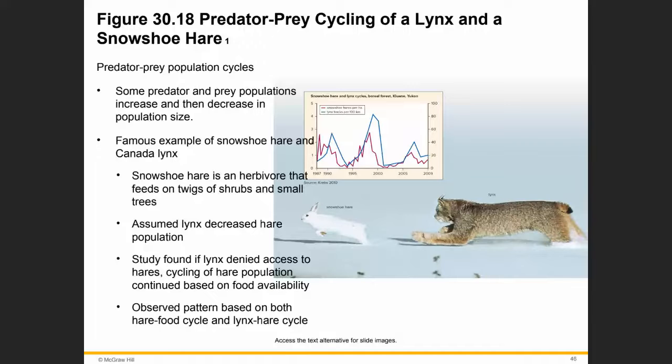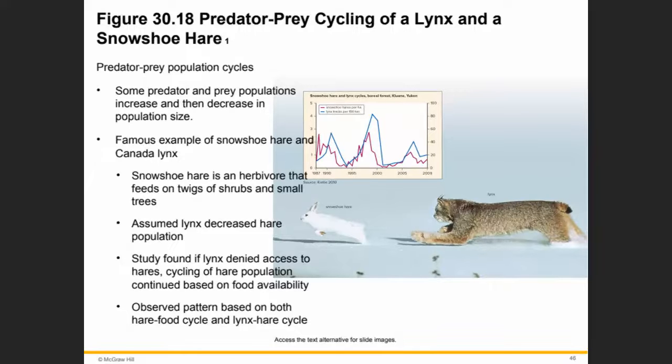This graph shows the predator-prey cycling of a lynx and the snowshoe hare, which is kind of a rabbit, this little white rabbit over there.